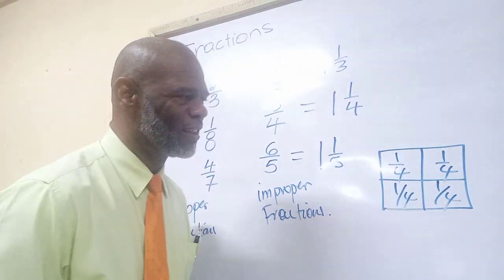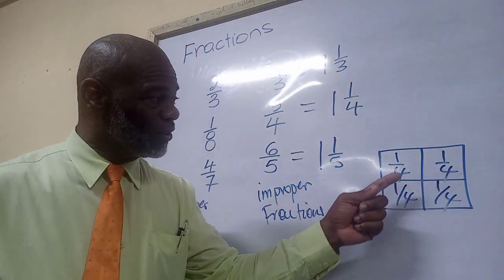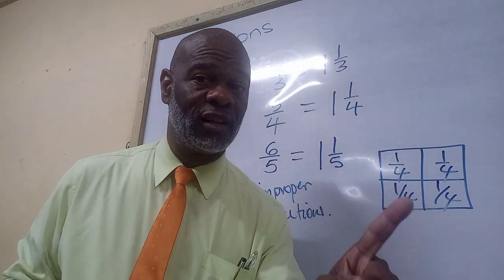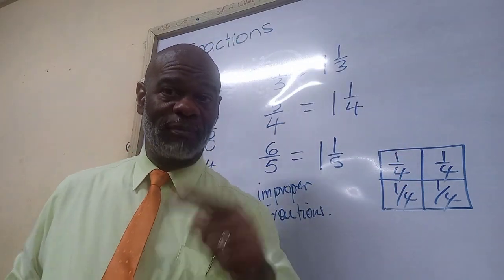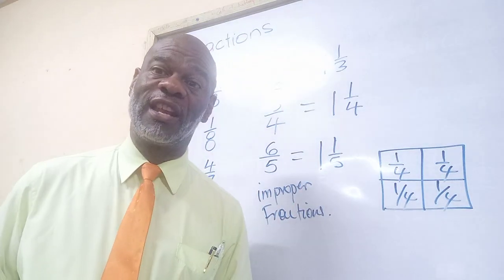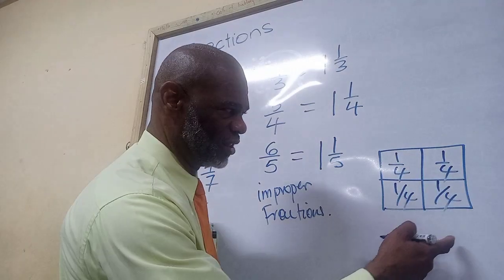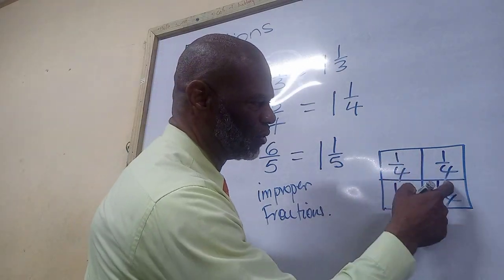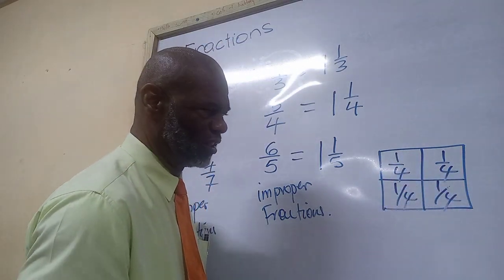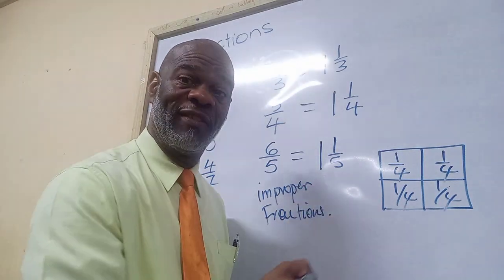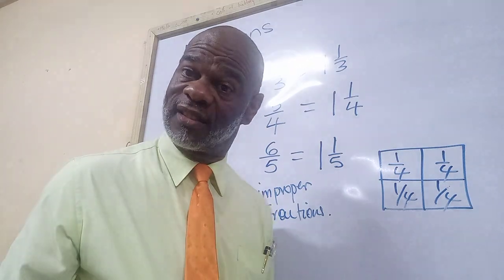Good. So this one piece here would be a quarter. It's called a quarter because the whole is divided into 4 parts. So 1, 2, 3, 4, quarter. Now fifths would be what? Because the whole would be divided into 5 parts.